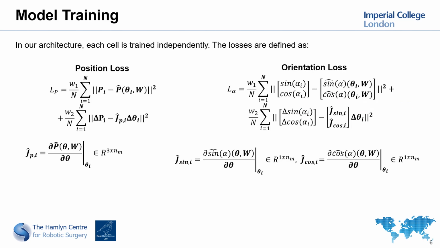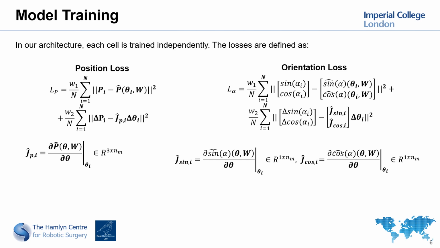In our architecture, each cell is trained independently, and we have two different losses, one for the position and one for the orientation. In both cases, losses are a sum of two terms: one on the original level, and another on the differential mapping of either the position or the orientation.